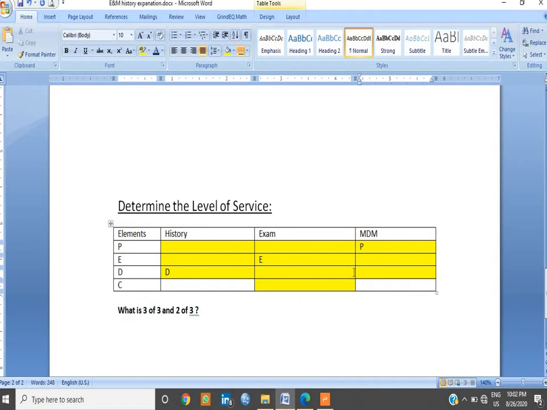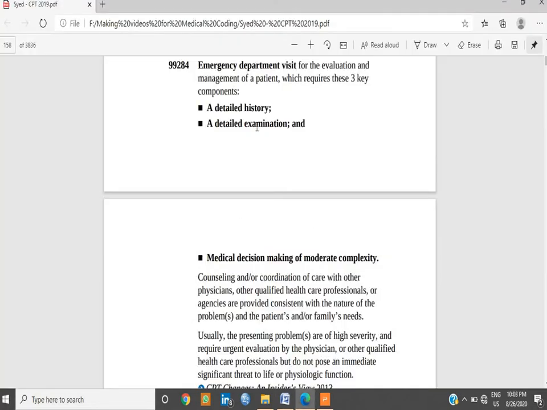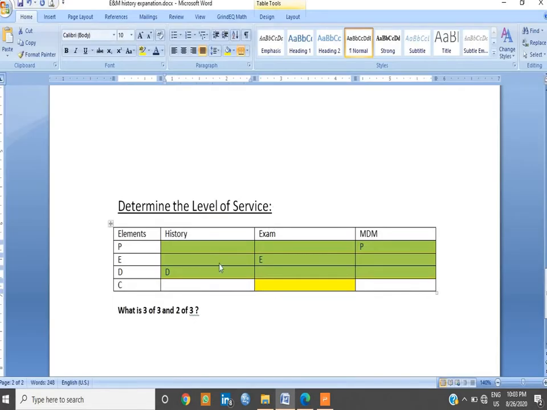But if we go for these three, not for comprehensive exam, that means we are fulfilling all of this. Whichever is less, remember that whichever is less, we have to go for this.